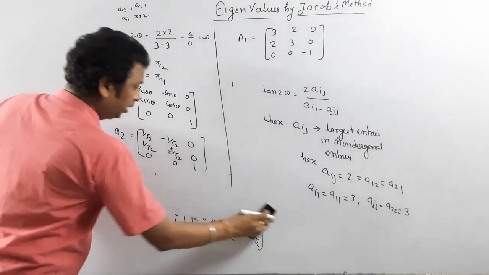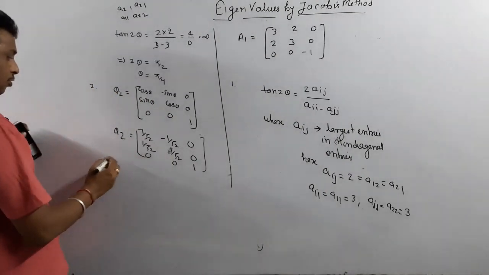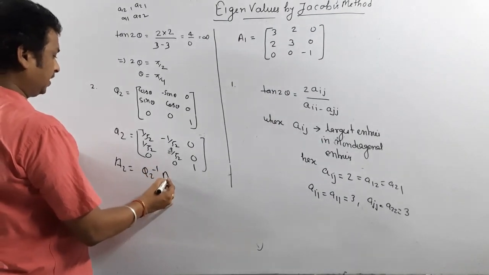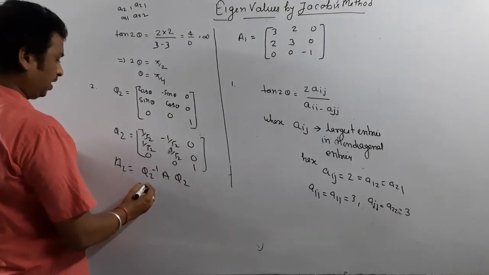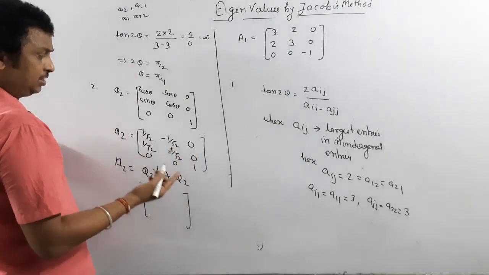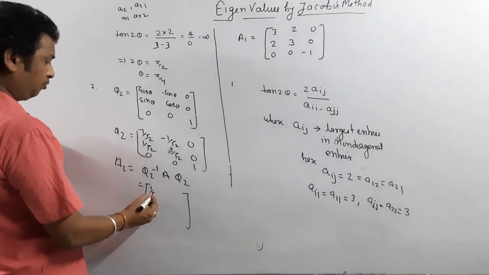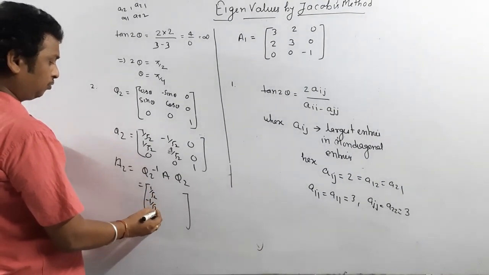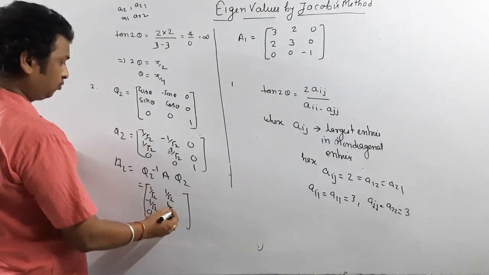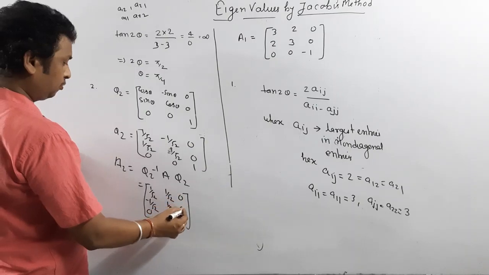So what is your A2? Your A2 is Q2 inverse A1 Q2. Q2 inverse, the inverse of this, is just the transpose: 1 by root 2, minus 1 by root 2, 0, 1 by root 2, 1 by root 2, 0, 0, 0, 1.